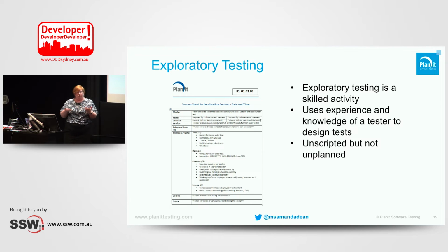So we go, okay, if we want to test this, we need to be able to look at incorrect password, a correct username and password, an account that doesn't exist. We need to check that the login button works, that we can go to the register page. And in that 10 seconds or however long I was talking, I've designed 5 different tests without sitting down and doing that big upfront work of writing that test case.